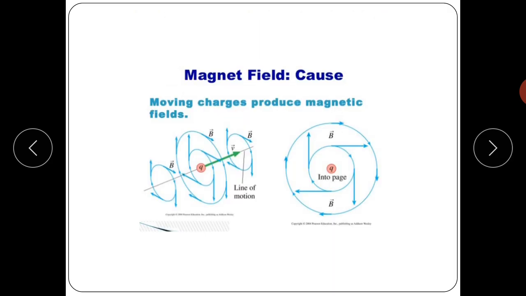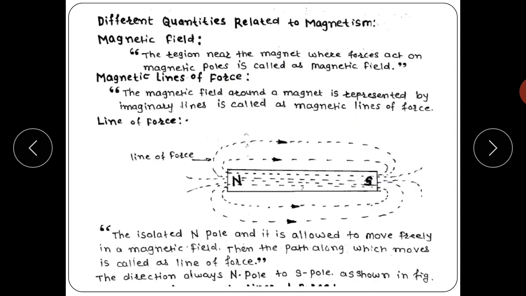Moving charges produce a magnetic field. Suppose it's a line of motion, the charge is Q, the force is F, and the magnetic field density is B. Suppose the velocity is into the page, this is the charge Q and this is the field density.